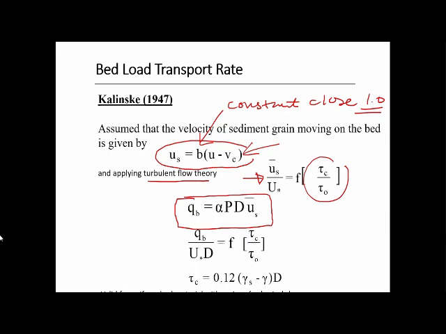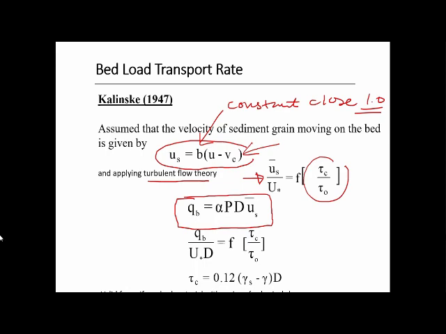Okay. So alpha is the shape factor, which depends on the size or shape of the particles.